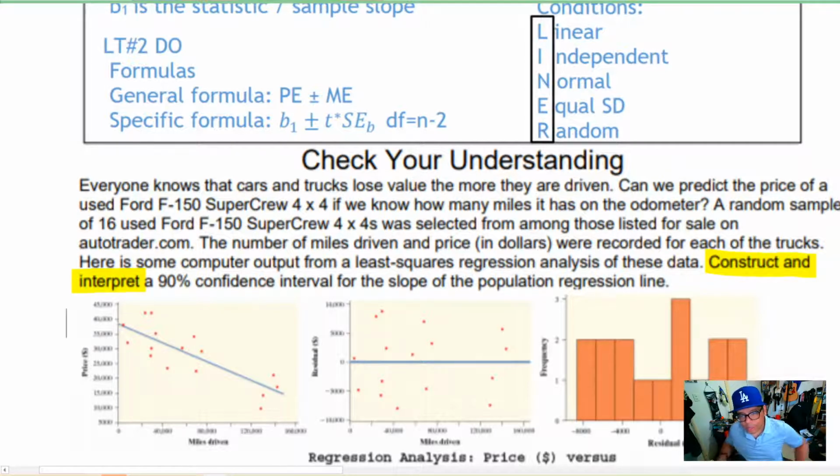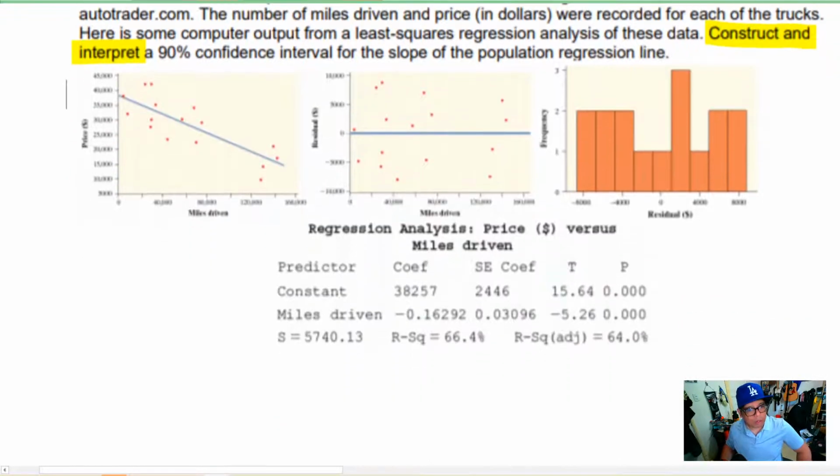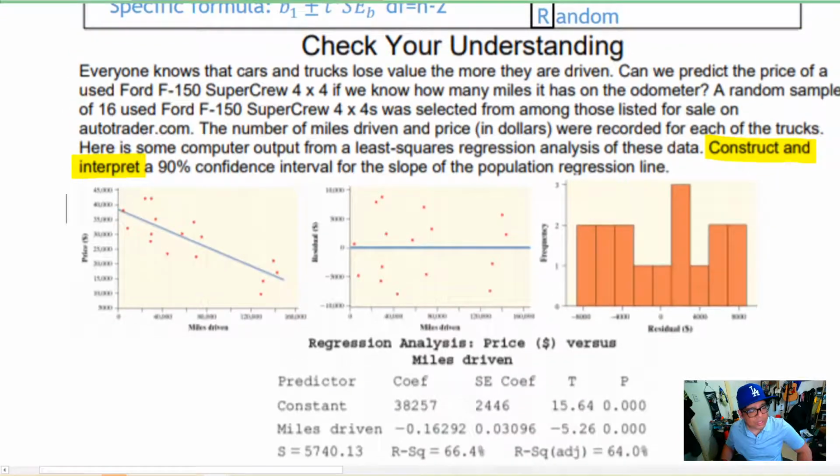Remember that the phrase construct and interpret means the four-part plan. Well, I don't think we're going to do a four-part plan here. This is all of the regression analysis. If I take a look, this does look like a linear relationship.